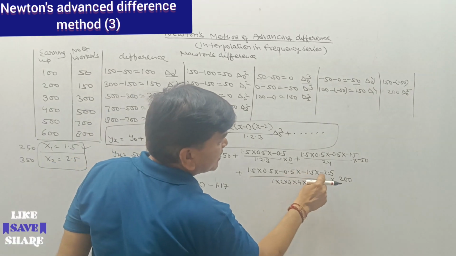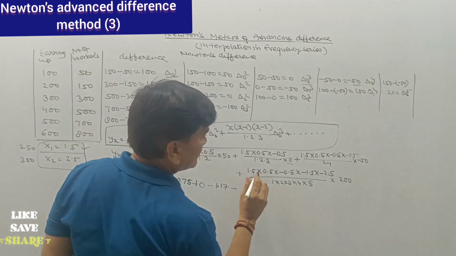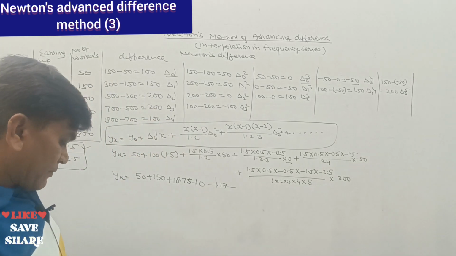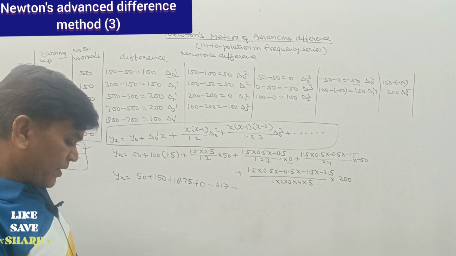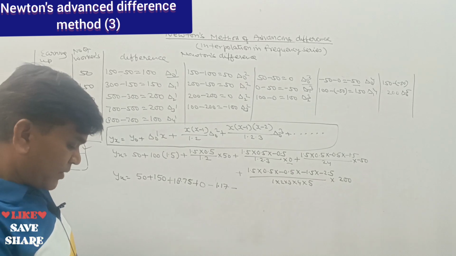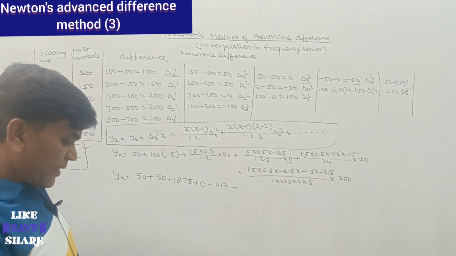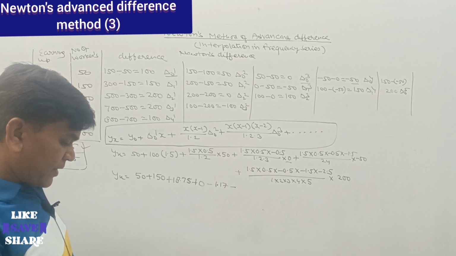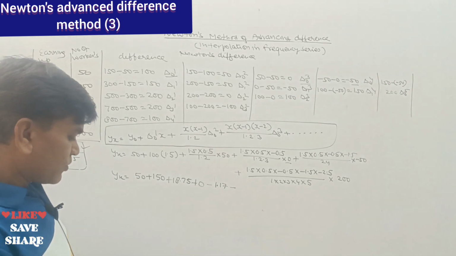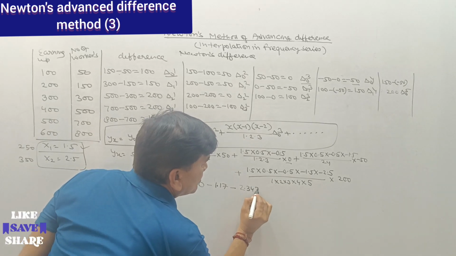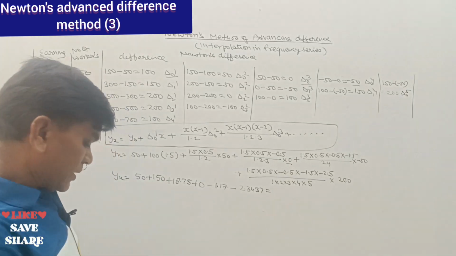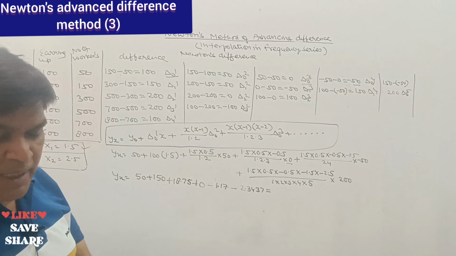For the last one, 1.5 multiply 0.5 multiply 0.5 multiply 1.5 multiply 2.5 multiply 200 divided by 5 factorial, the value is minus 2.3437. So the value will be 215.